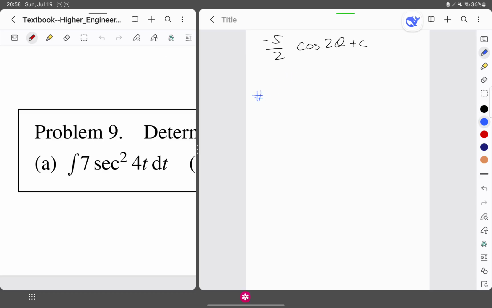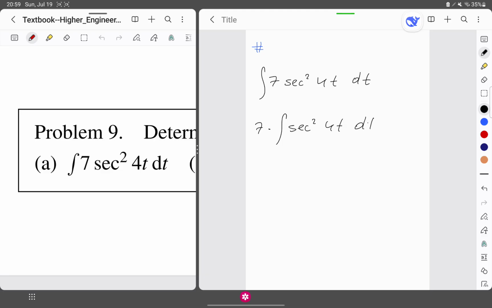That's really interesting for me, and it's really enjoyable to do integrals. Let's do 7 secant squared 4t dt. 7 times the integral of secant squared 4t dt.